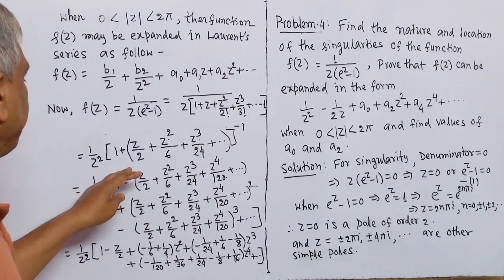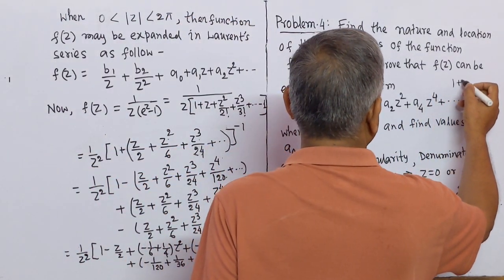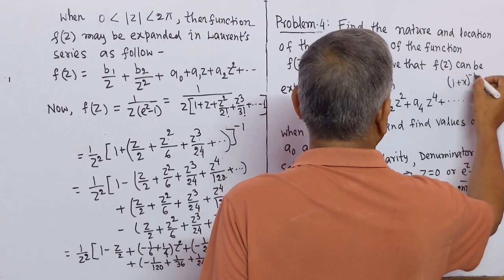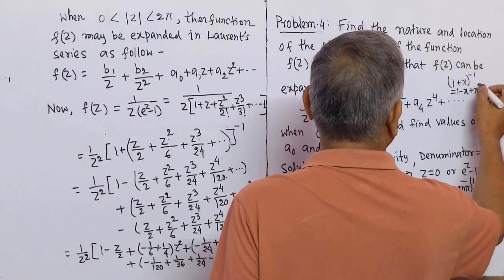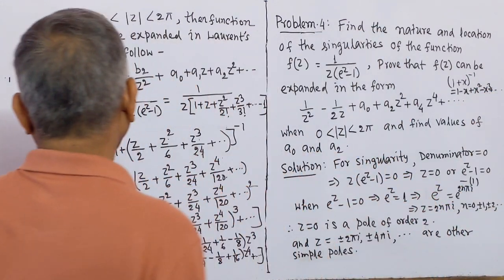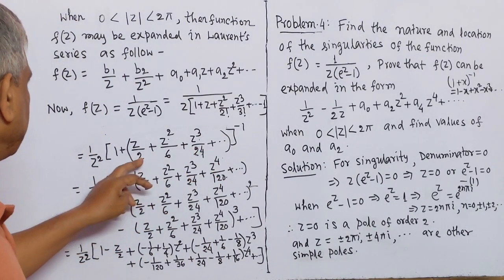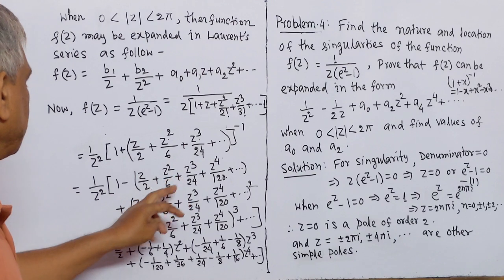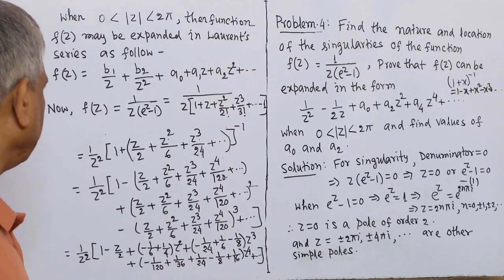So we use the binomial theorem. 1 plus x to the power minus 1 is 1 minus x plus x square minus x cube and so on. So here we take this as x.